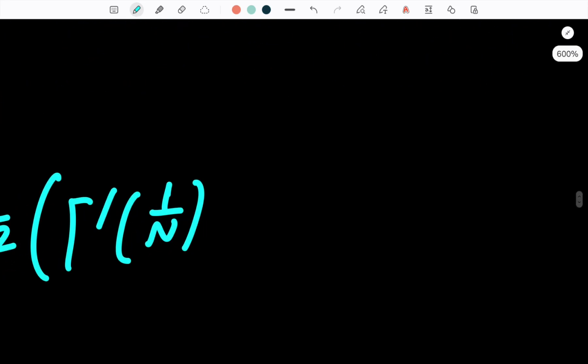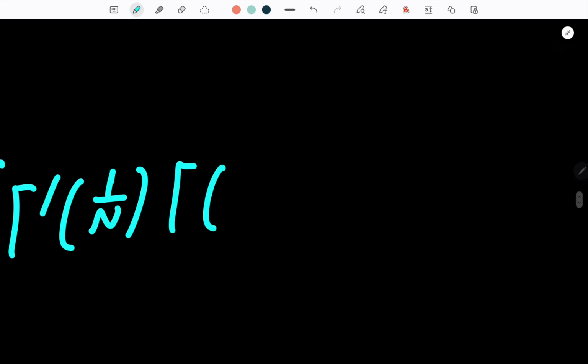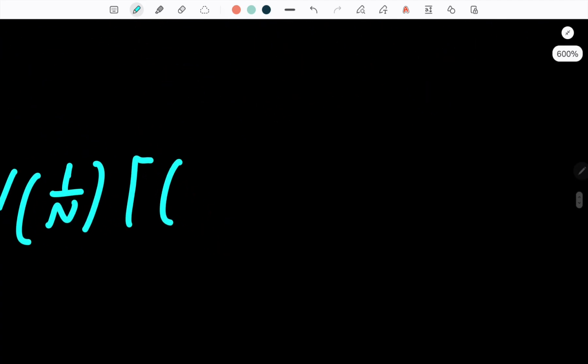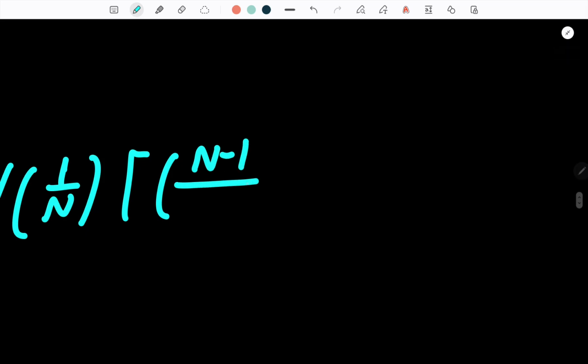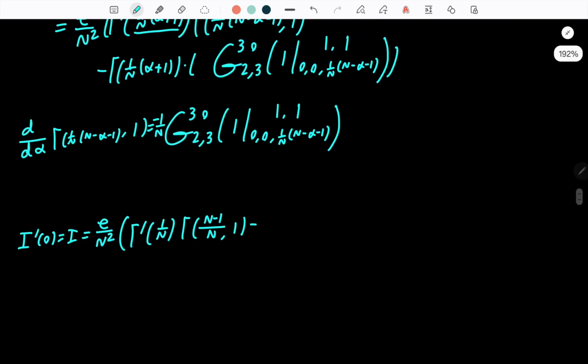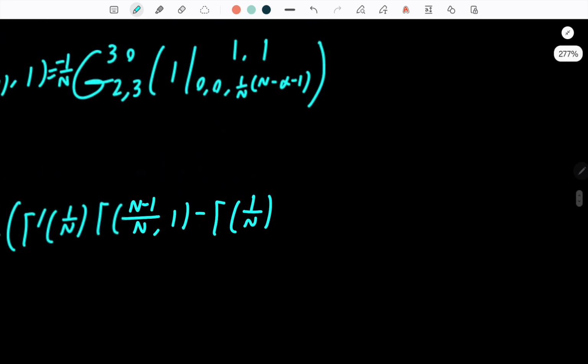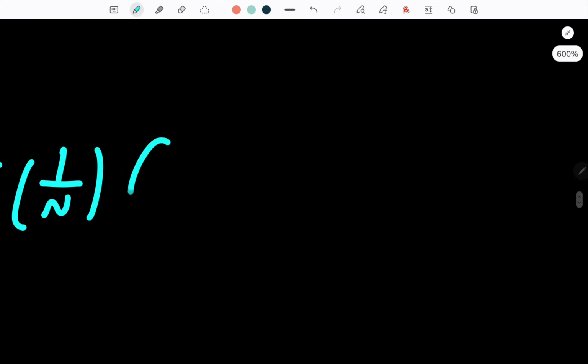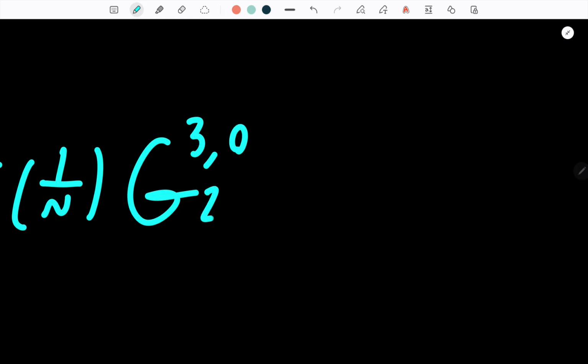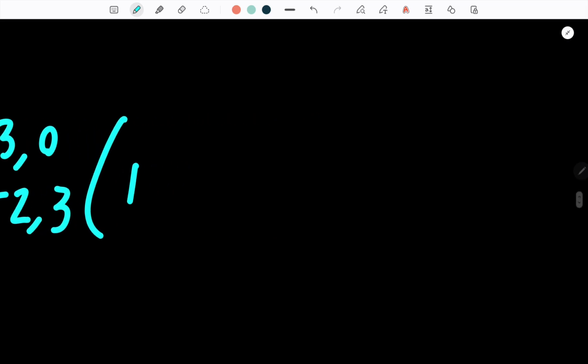Times the incomplete gamma function of n minus 1 over n, comma 1, minus gamma of 1 over n times the Meijer G function, where m is 3, n is 0, p is 2, and q is 3, and then z is 1.